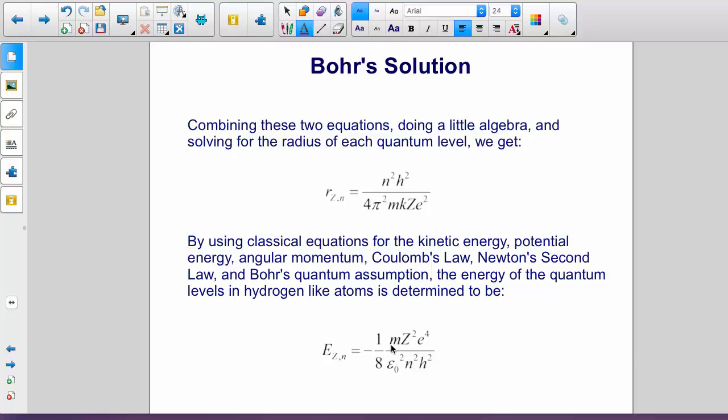So here we have the mass of the electron, the charge on the nucleus squared, the electron charge squared, the permittivity of free space, the square of the energy level number, and of course Planck's constant squared.